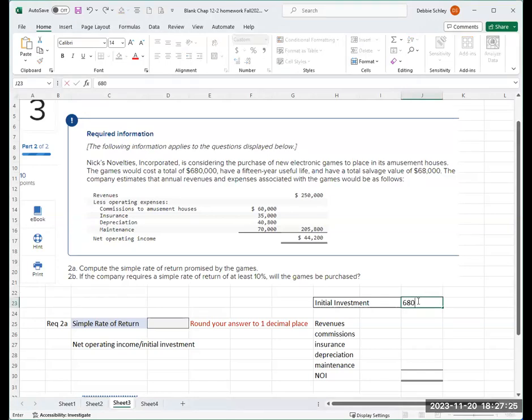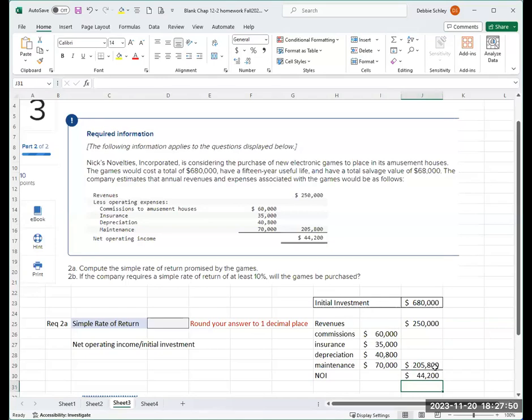So it was 680,000 was my initial investment, revenue of 250,000, commissions. Okay, so that's all that information that they gave me right there again.